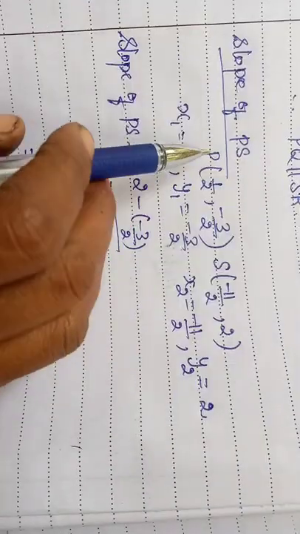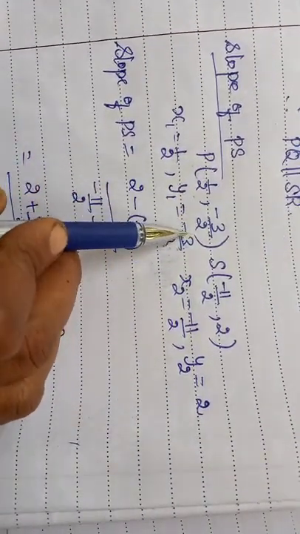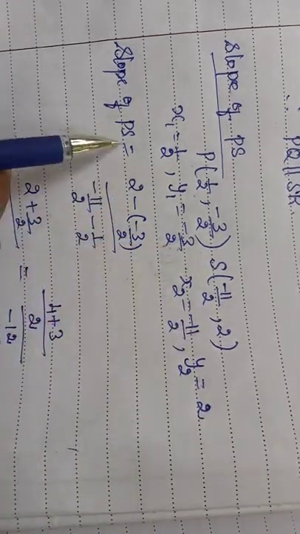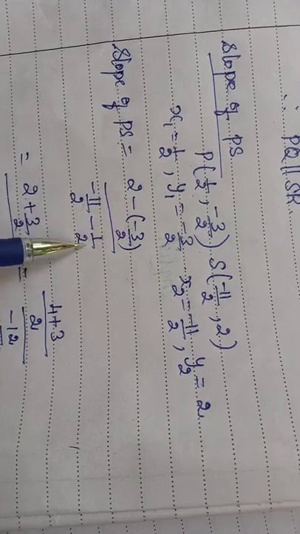Similarly, we can find the slope of PS. That is P of (1/2, -3/2) and S of (-11/2, 2). So the slope of PS is equal to (y2 minus y1) by (x2 minus x1).